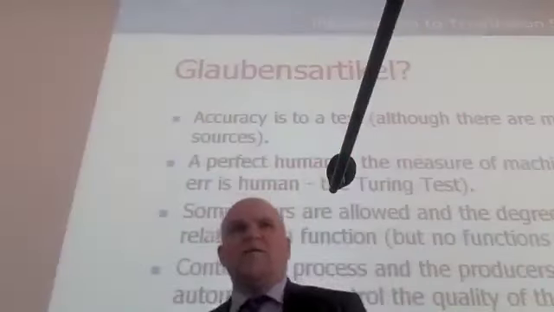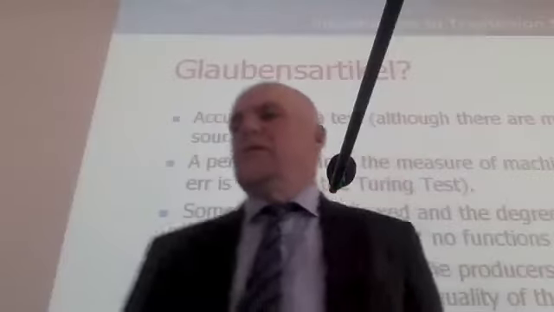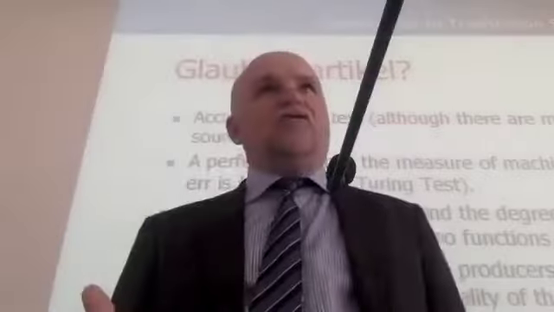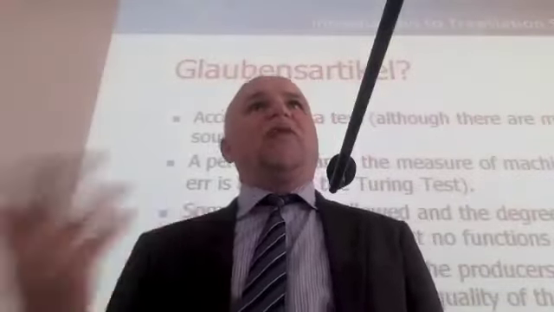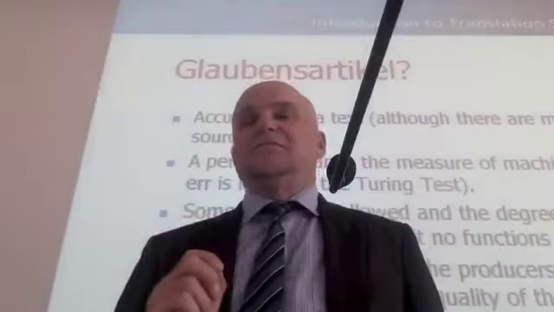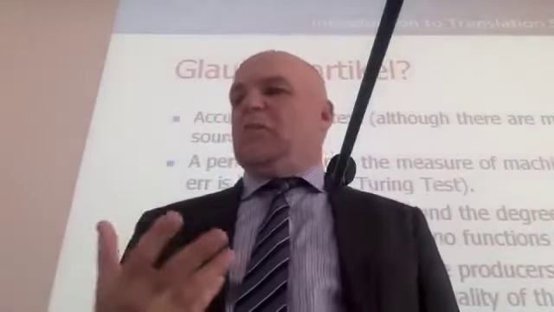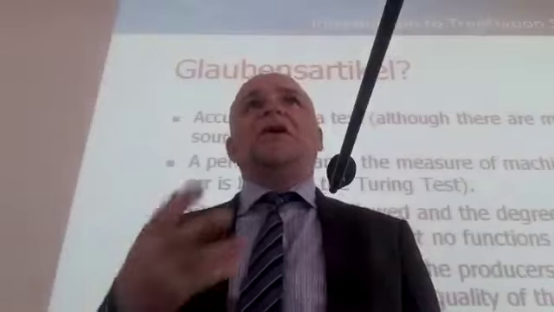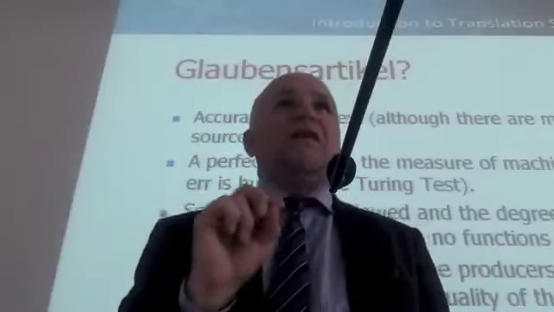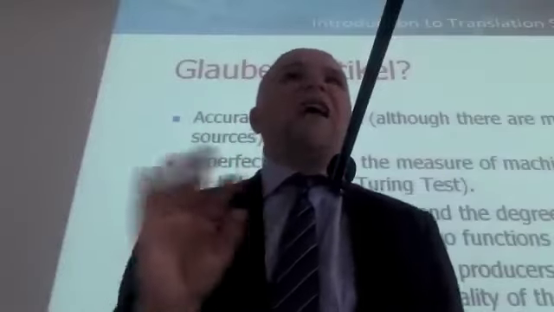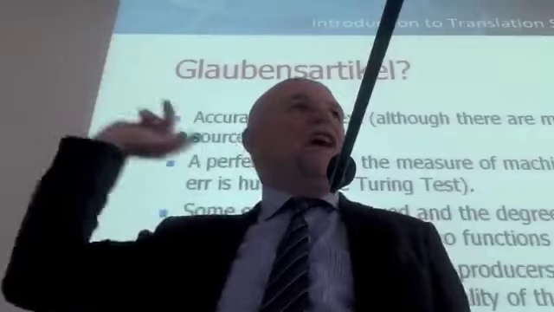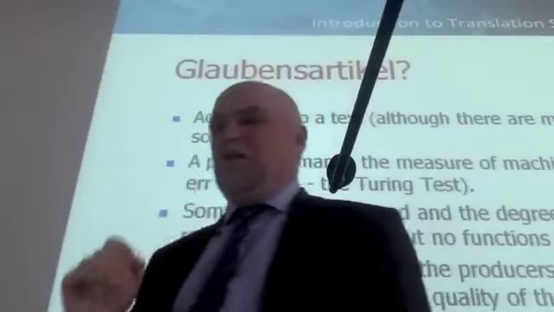So I hope to have got across these points. The notion of accuracy in our tradition is very much attached to a text, but in actual practice, people are not looking at the text, they're looking at other things. They're making assumptions about the perfection of humans, but in practice, they're recognizing that all of us make mistakes, and that if they're not critical, that's okay. Okay? So these articles of faith are all very relative.